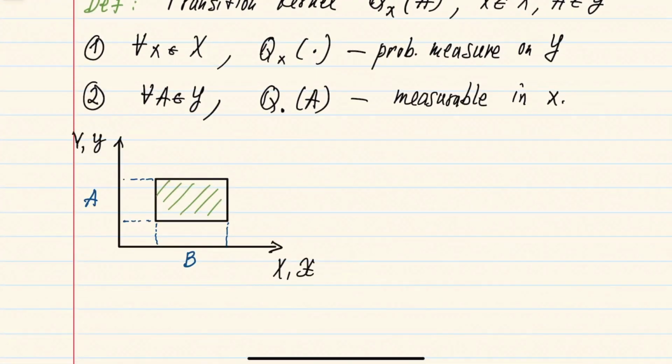Namely, when you consider this product space with coordinate x and coordinate y, and then you take some measurable rectangle on this space with side B on the first coordinate and side A on the second coordinate.